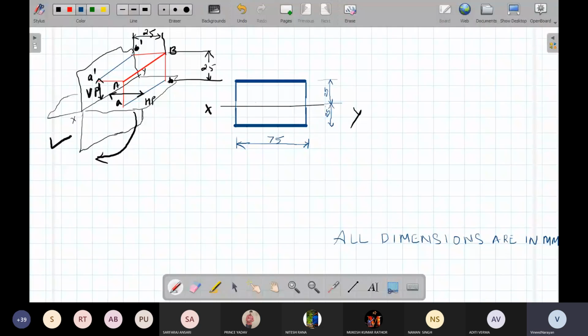Okay, millimeters. This we write. So we should follow lettering. Okay, all dimensions are in mm.